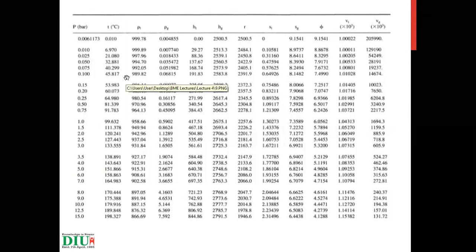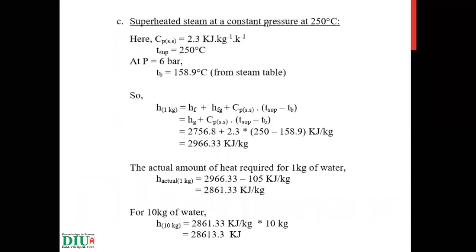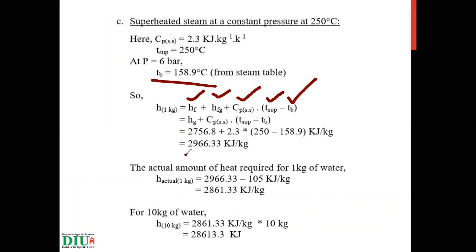Now let's get back to the equation one more time. This value we already got from the steam table. The superheated temperature 250 is given here. The TB we also found from the steam table. So if we get all the values, we get this value. But remember, this value is from 0 degrees Celsius, and we need to find it from 25 degrees Celsius, that's why we subtract 105.